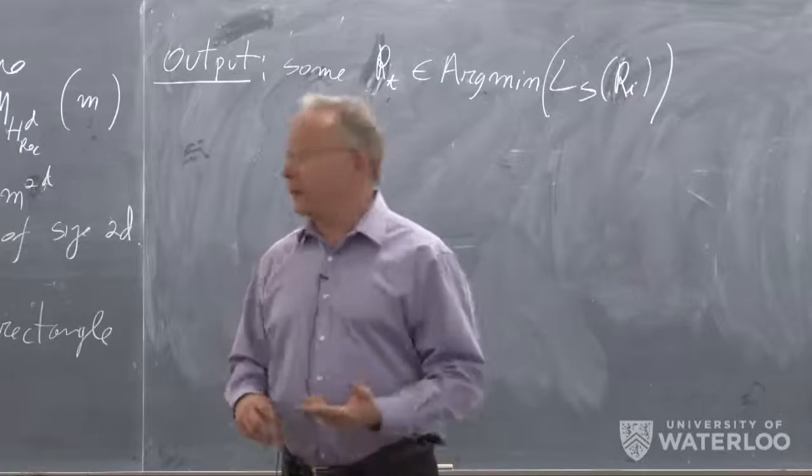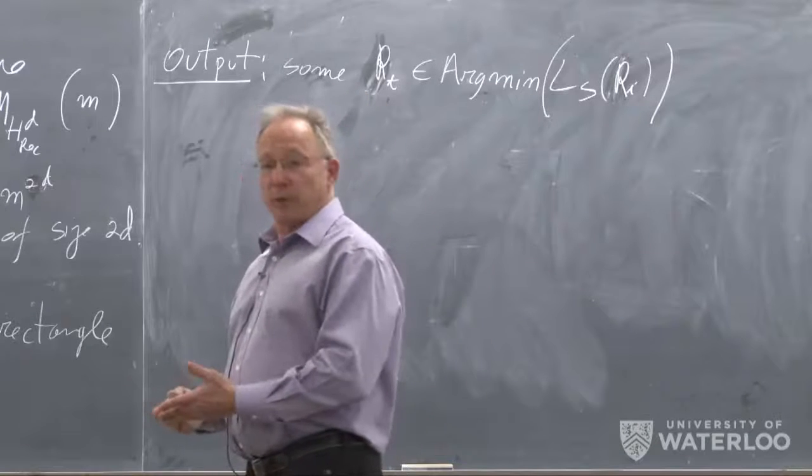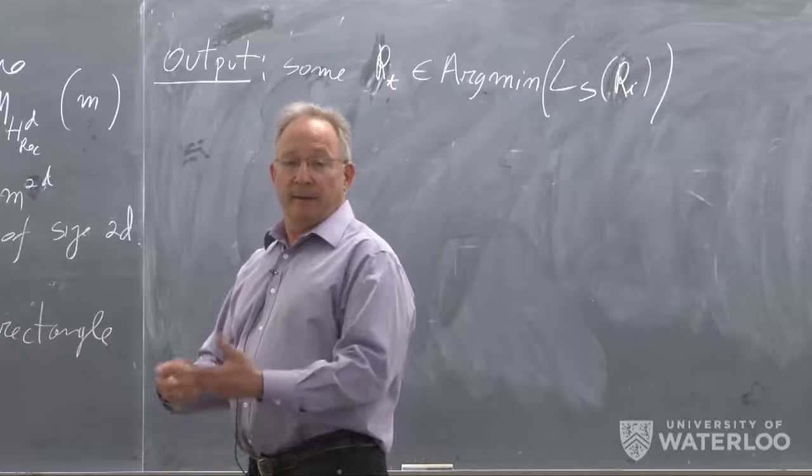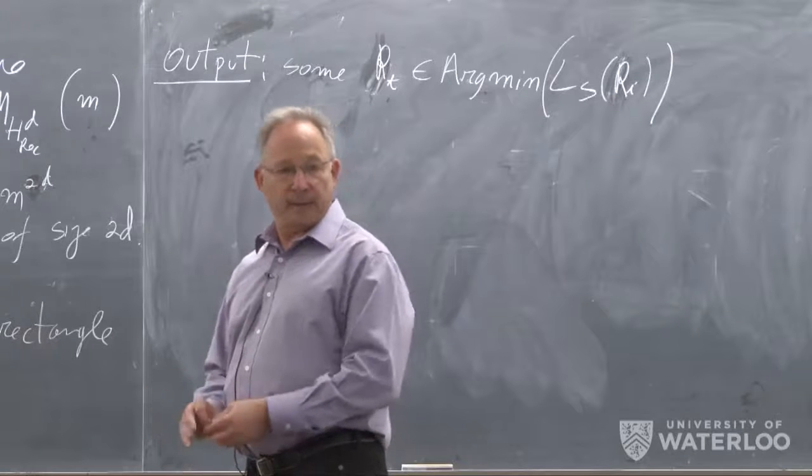Correctness. So what is the correctness here? I have to show you that I'm really getting an ERM rectangle, right?